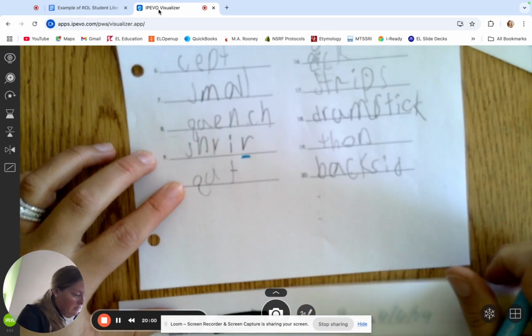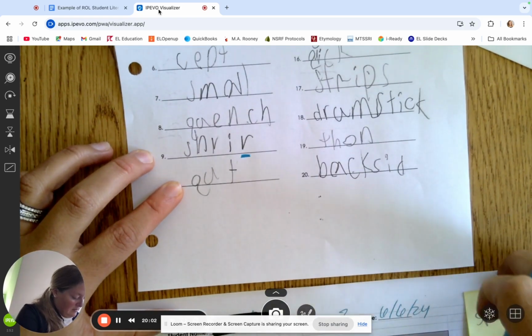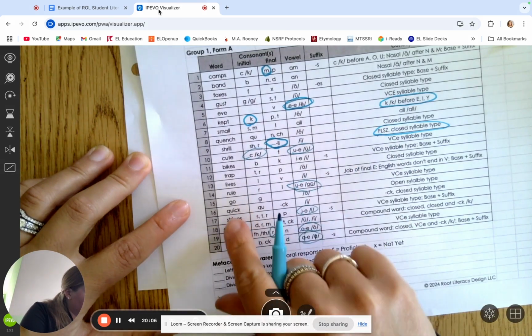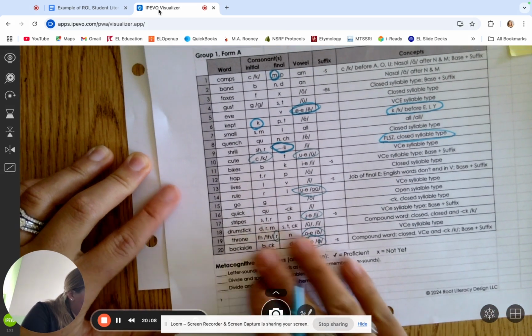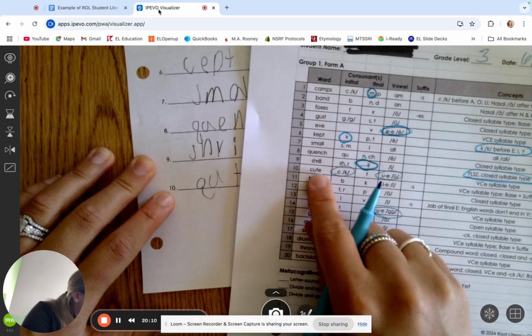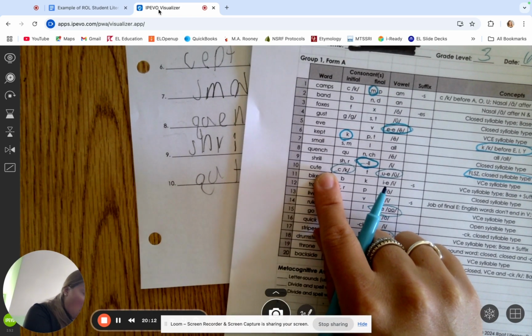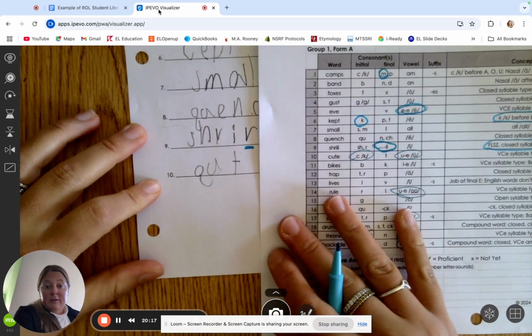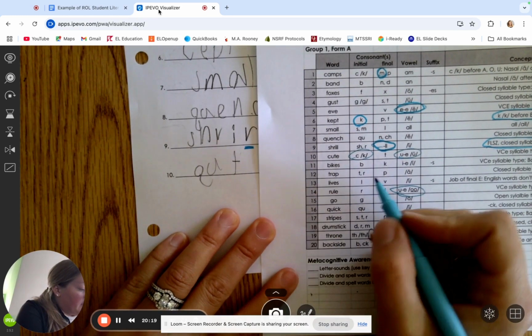Quit, QUT. So we're missing, actually this wasn't quit. This was, which one am I on, number 10? That was cute. Wow. That was a student's spelling of cute. Okay, lots going on here.